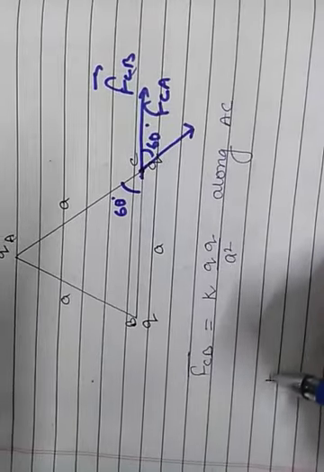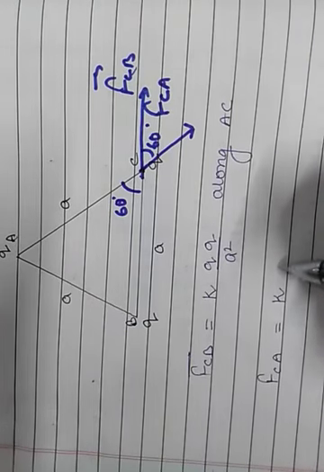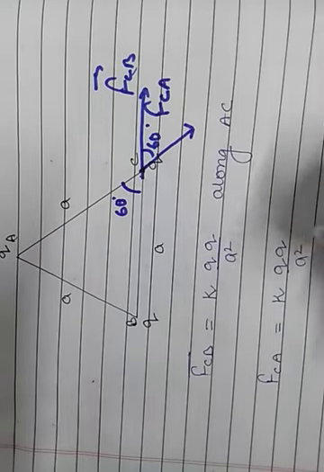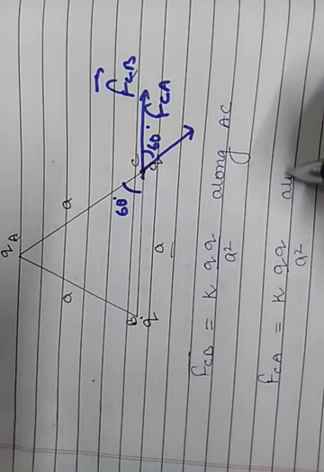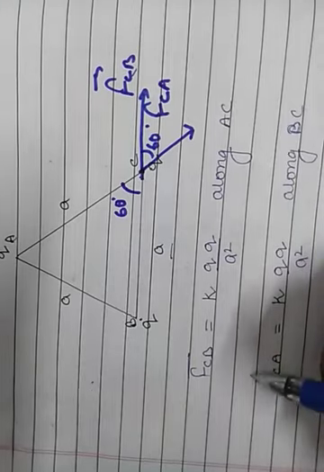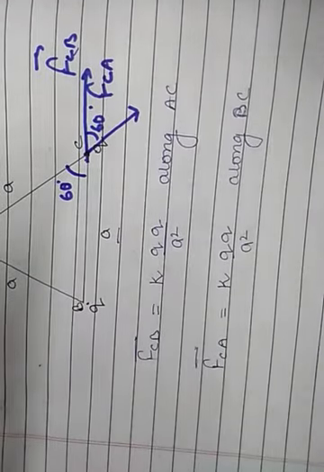The next force is FCA, the magnitude is K Q Q, the distance between the two charges is A, so A square, and the direction is along BC.